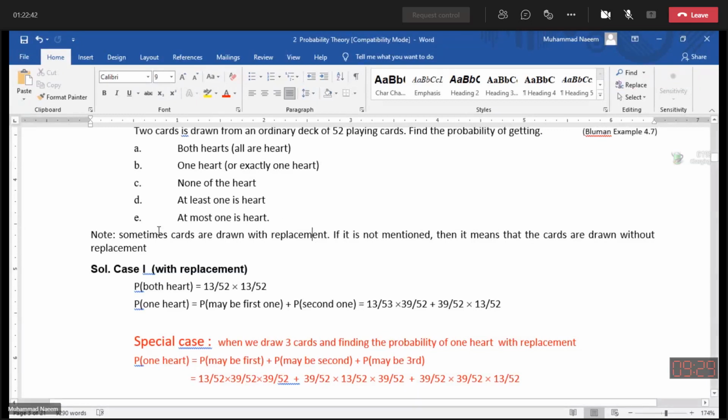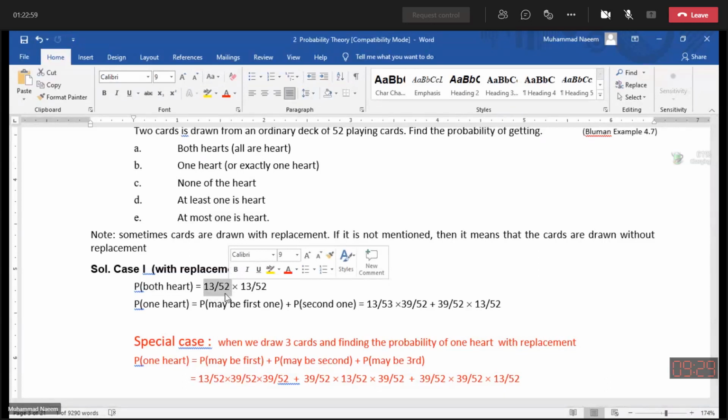In this way, let me find the probability that both are heart. So the probability of the first one to be a heart is 13 by 52. And we have replaced this card. We have sent back this card to the aggregate. What is the effect? In this way, the favorable cases as well as the total possible cases remain the same for the next draw.